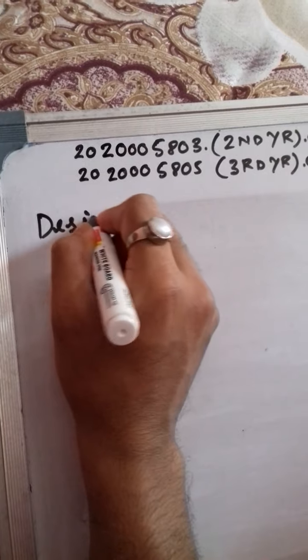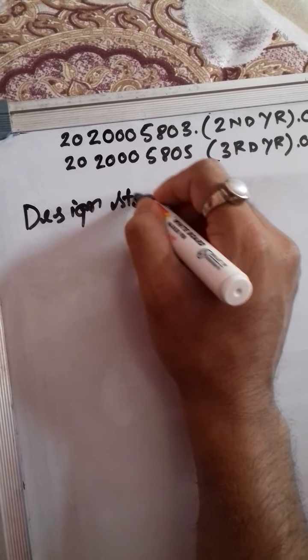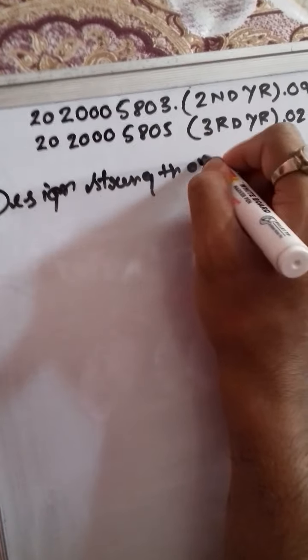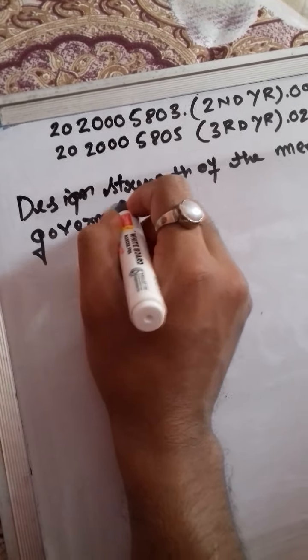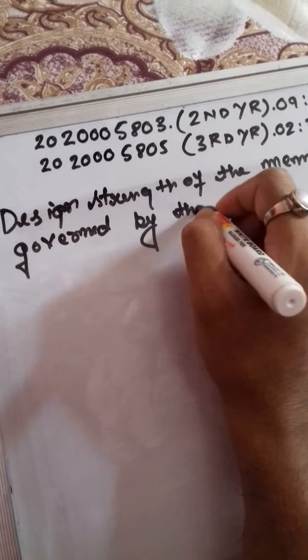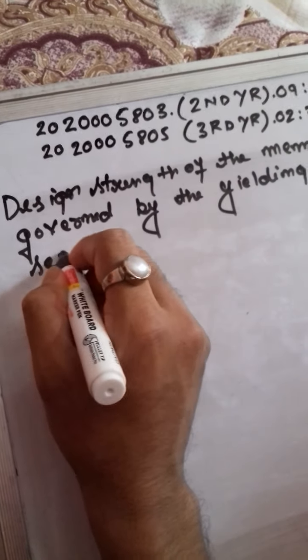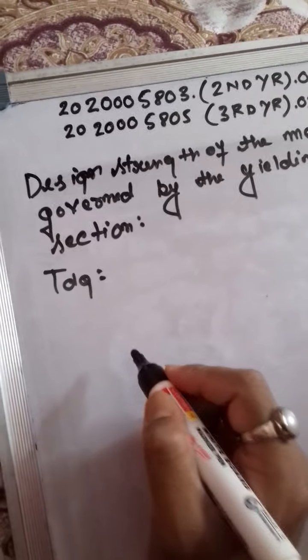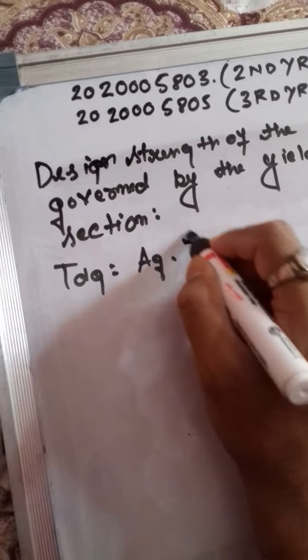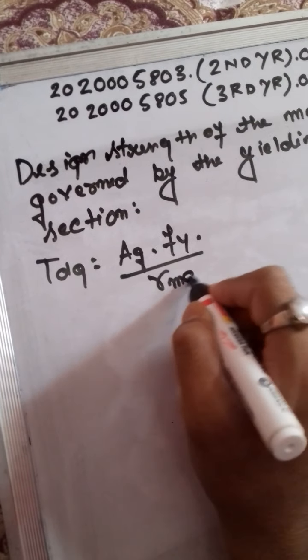Now coming to the design strength of the member governed by the yielding of gross section, the formula is TDG equal to AG into Fy divided by gamma m naught.